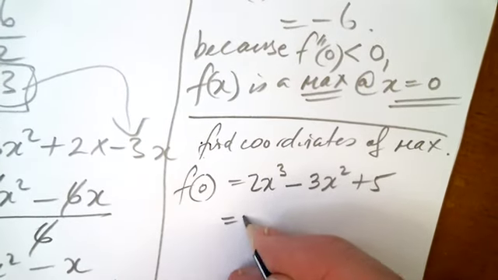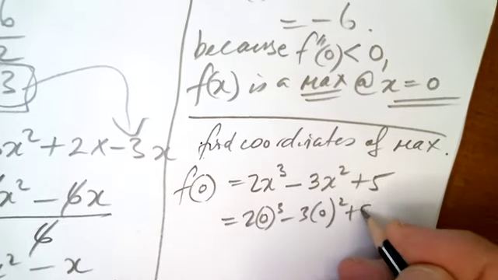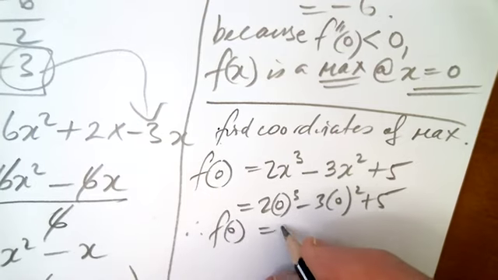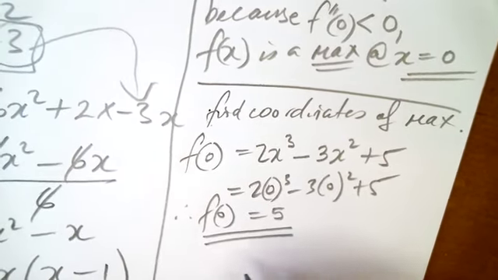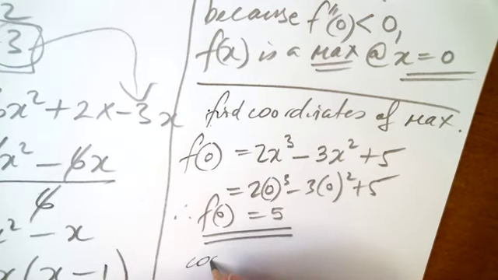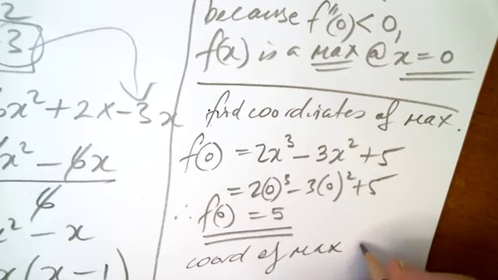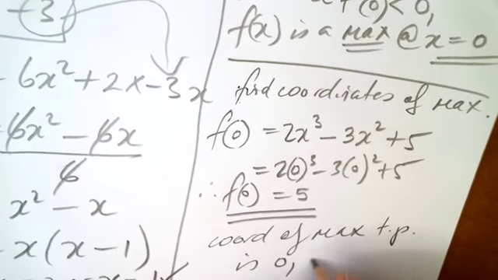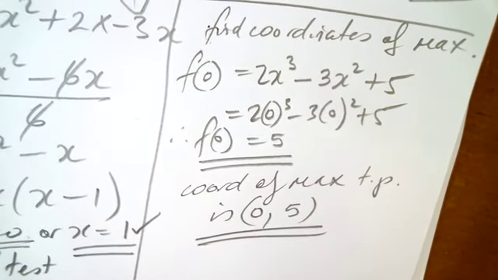So it equals 2 times 0 cubed minus 3 times 0 squared plus 5. Therefore, f of 0 is equal to 5. That's our y. So the coordinates of the maximum turning point are (0, 5). And that's how I would go ahead and find that.